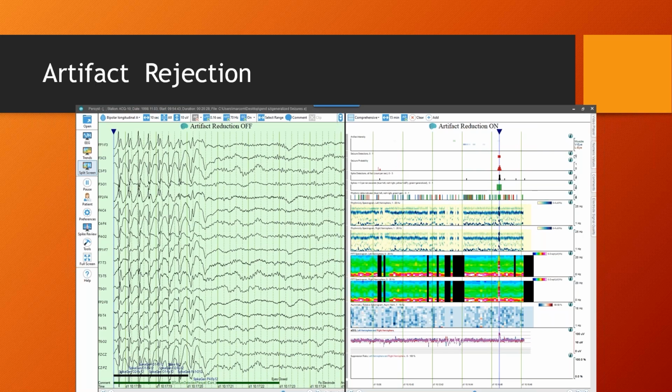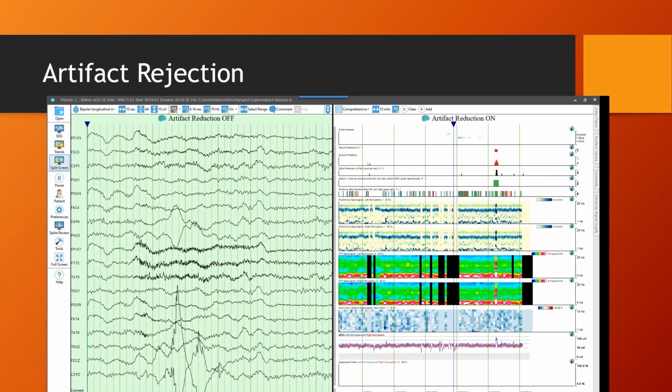That tells us that when artifact rejection or artifact reduction is on, it's not going to process those areas because it has identified them as artifacts. Let's look at what's in those when I move my cursor, and you can see that yes, in fact, there is artifact in those, and that's why it's not processing those segments.